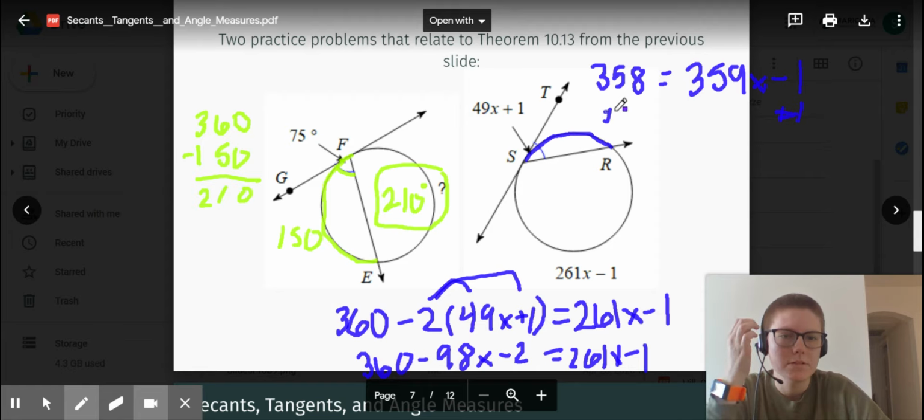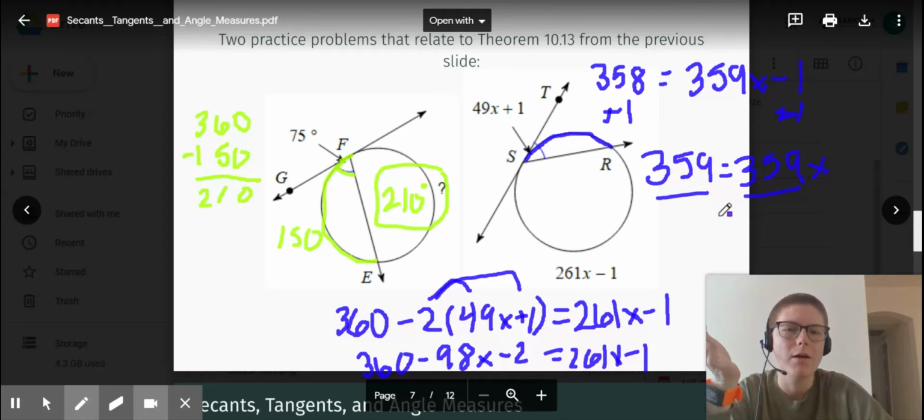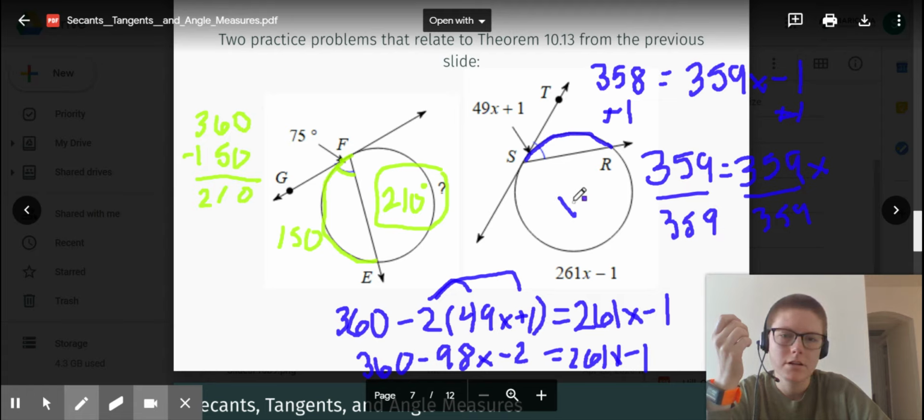Plus 1 over here. Then we've got 359 equal to 359x. Kind of suspected this from the beginning of the problem because of how big these numbers are. We divide out that 359 and we get that x is equal to 1 and we're done, right? So just solving for x.